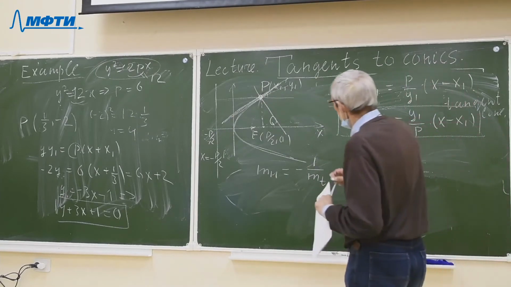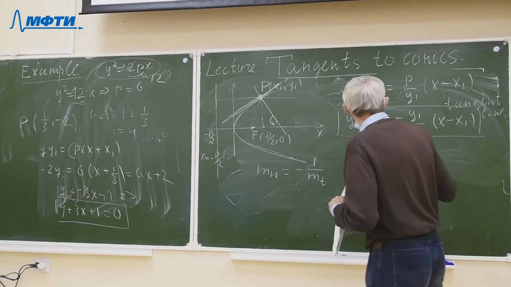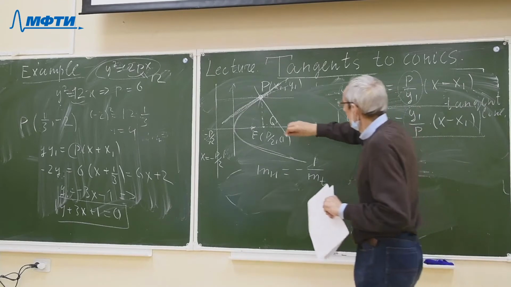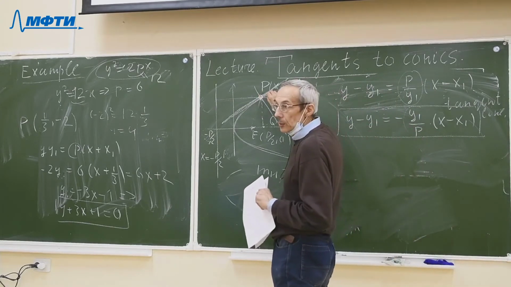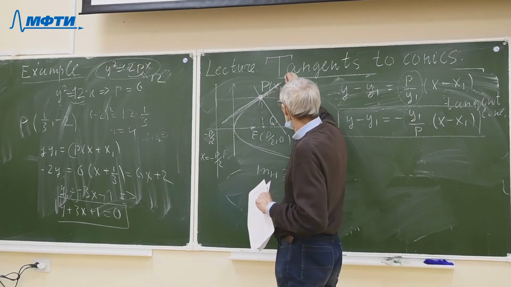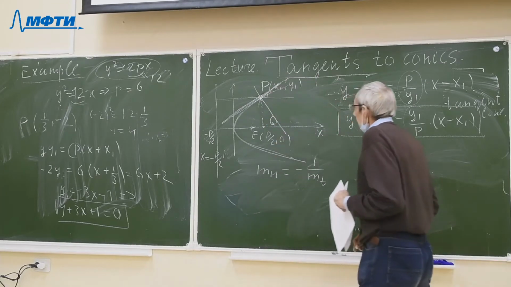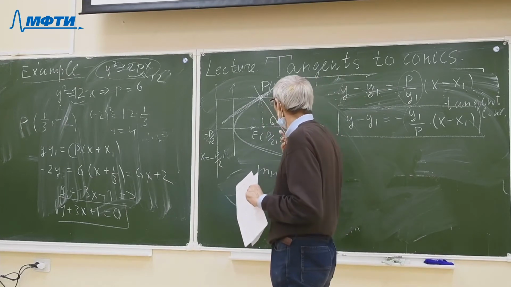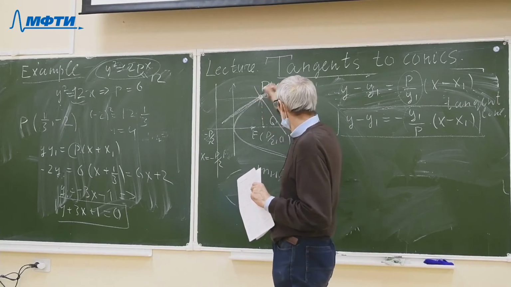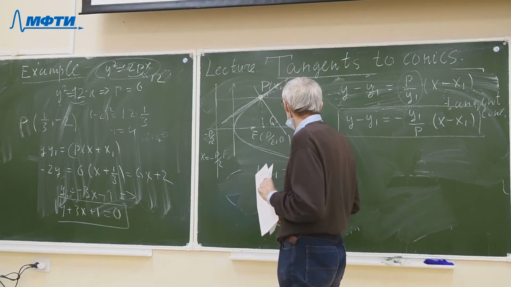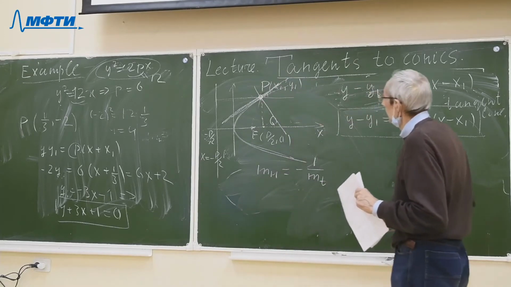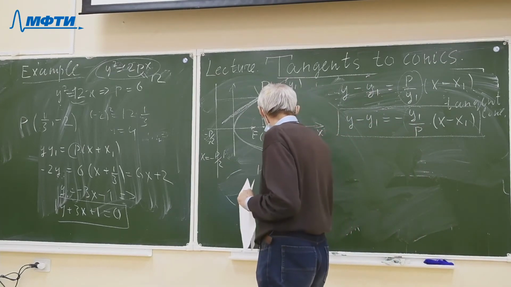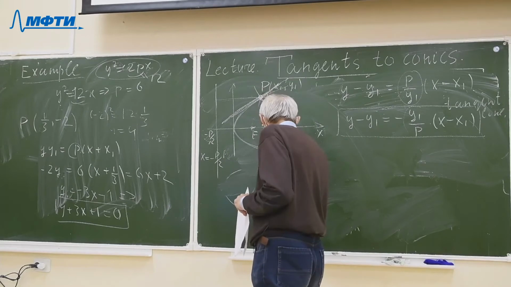I recall that the geometrical sense of this coefficient is the tangent of the slope of the tangent straight line, and as the normal is a straight line perpendicular to our tangent straight line, we have the following relation between these coefficients.